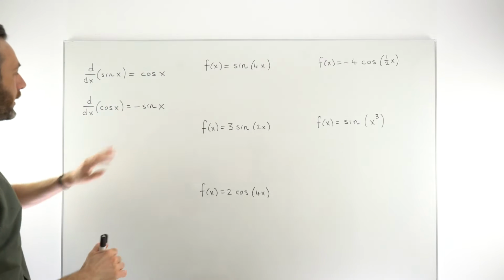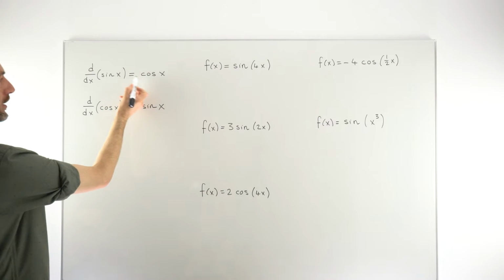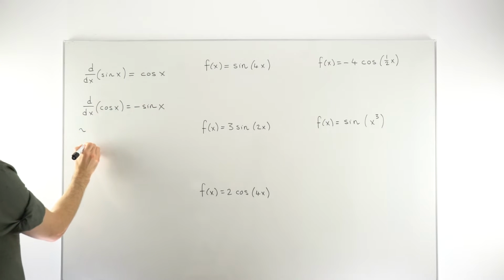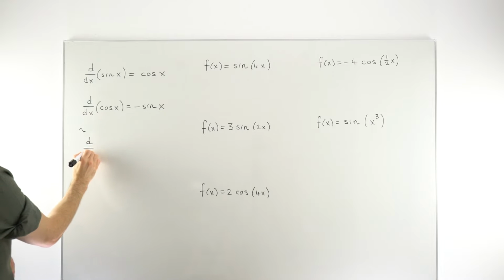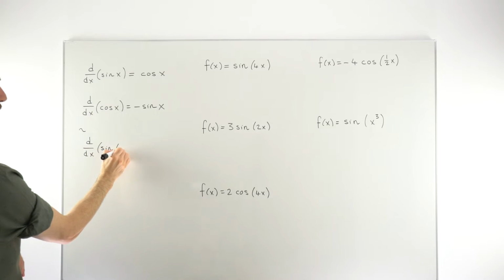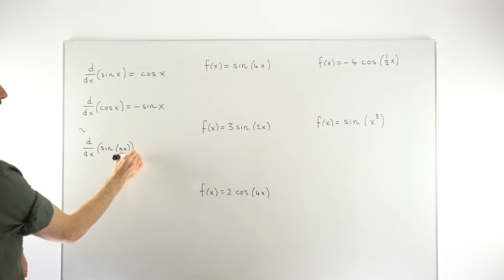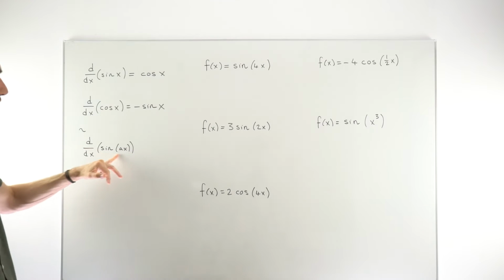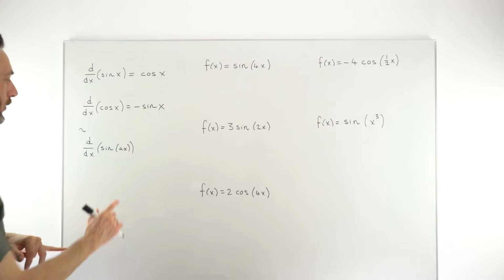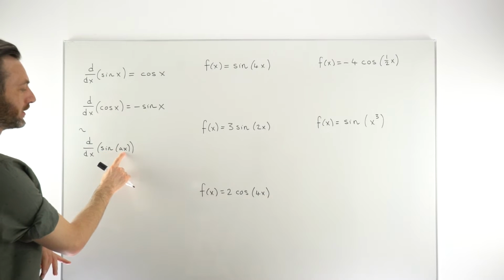Now, just to generalize these a little, because these are very simple versions of sine and cosine, we can generalize it by considering the function not only sine x, but let's say we wanted to differentiate sine ax. Now, that requires the chain rule, because we've got a function inside a function.